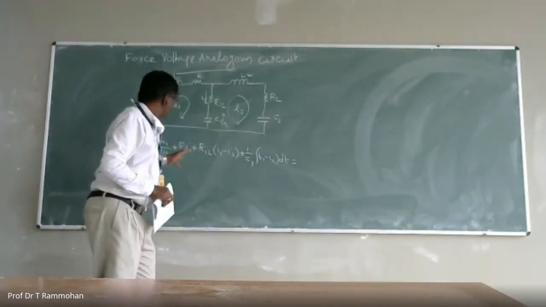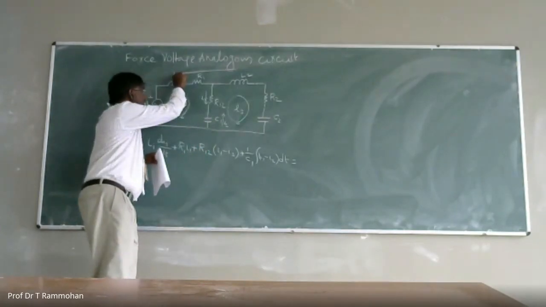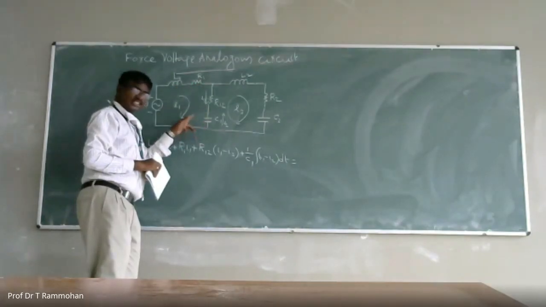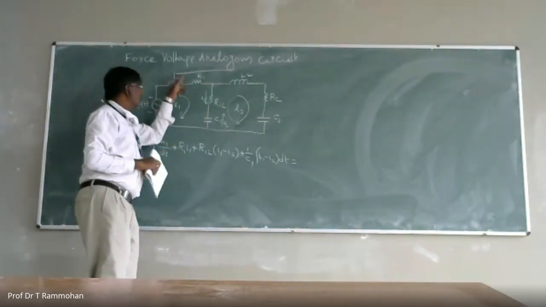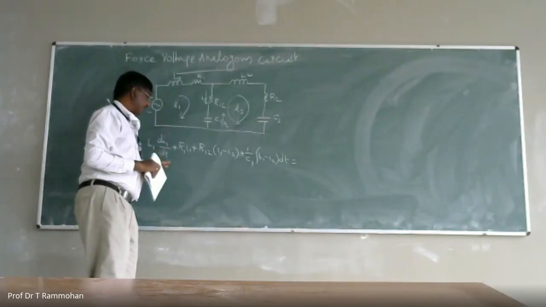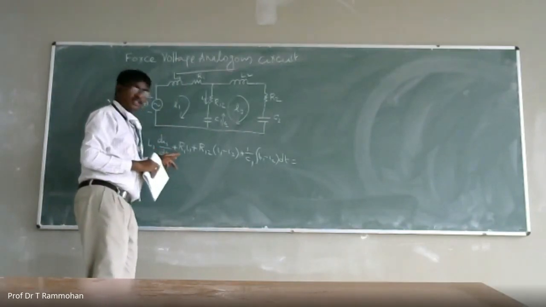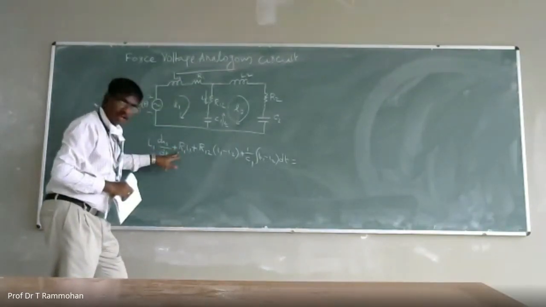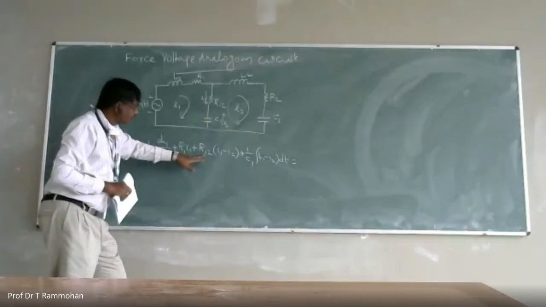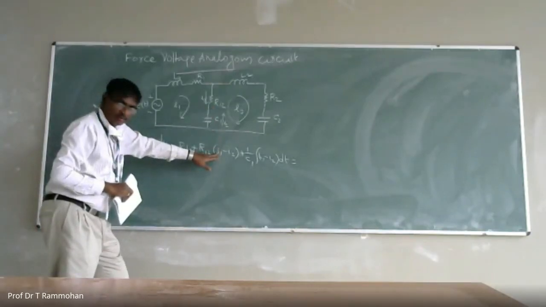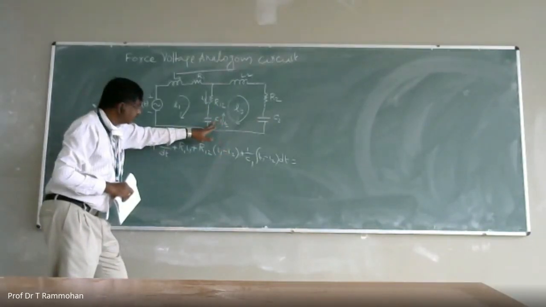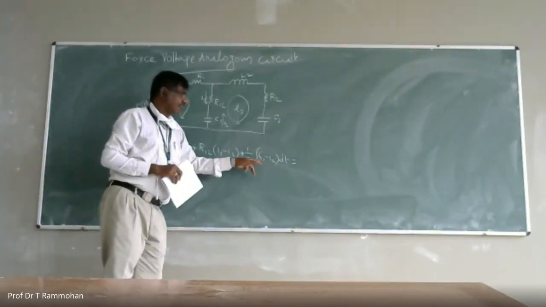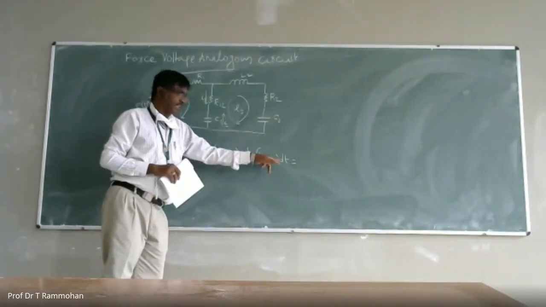Here we have to consider the voltage across each element. The voltage across L1 is L1 dI1 by dt, and the voltage across R1 is R1 I1. The voltage across R12 is R12 into I1 minus I2. And the voltage across capacitor C1 is 1 by C1 integral of I1 minus I2 dt.